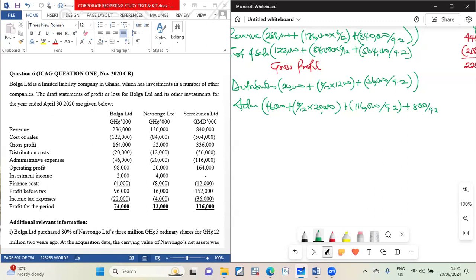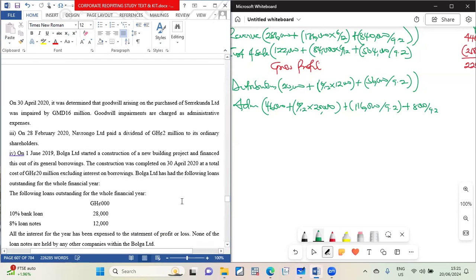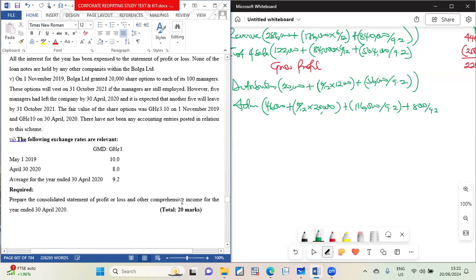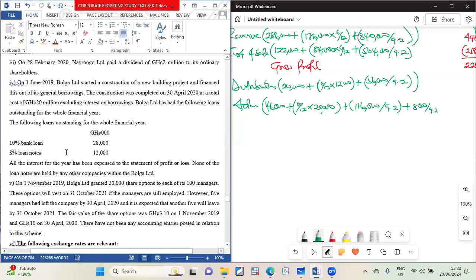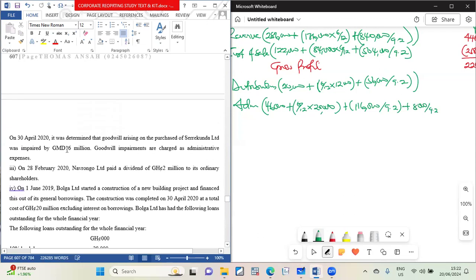All right. Then we need to now do the impairment side of the goodwill. Or did they give us the impairment value so that I just do it straight away? Yeah, the impairment value was given here. It says that goodwill is impaired.